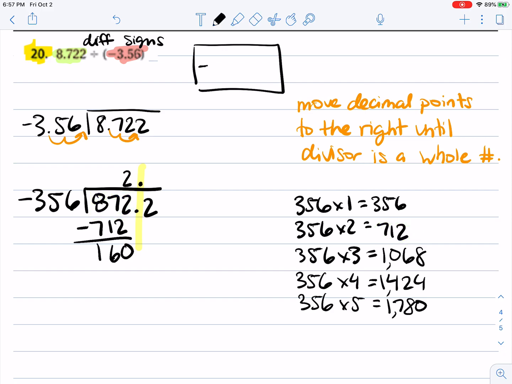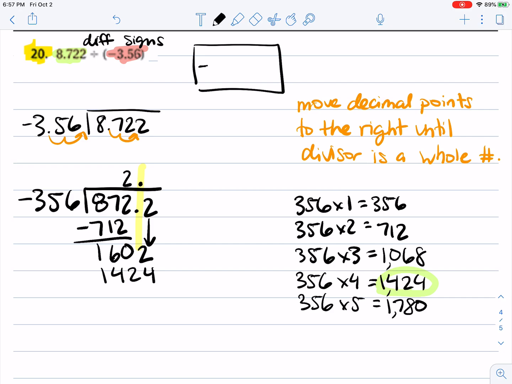Okay. We are going to bring this 2 down. And now when I look at my list, the biggest number I can see to divide into 1,602 is this, 1,424.